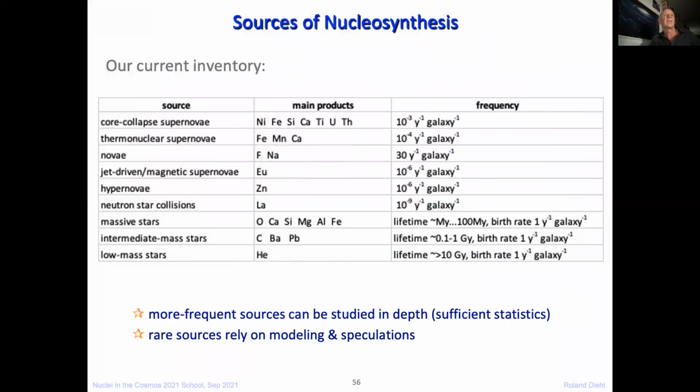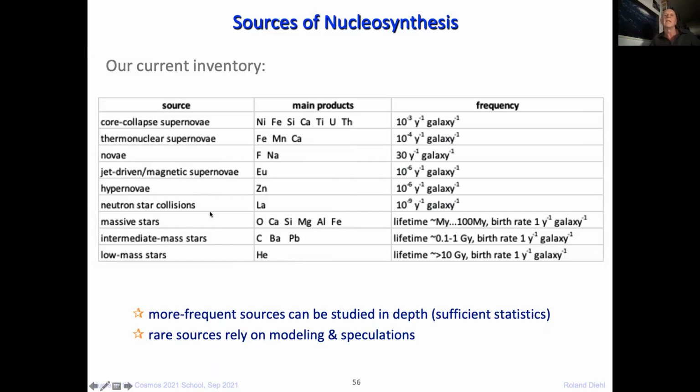Now, the sources of nucleosynthesis are a large inventory from the frequent supernovae that I mentioned. Then we have novae, we have jet-driven supernovae, we have hypernovae, neutron star collisions, and of course we have all the stars. And assessing all the production in isotopes of all these sources requires observations that have to have sufficient statistical precision.